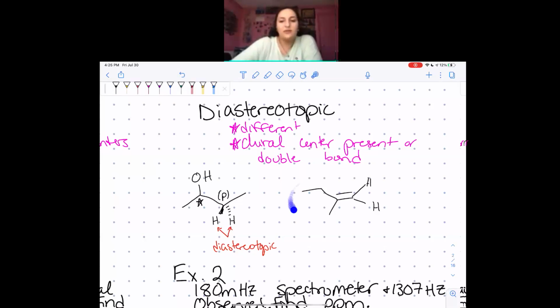Whereas in the double bond, there's a couple things you have to look out for. When you have a double bond, you're going to cut it in half. The left side, or side A as I like to call it, has to have 2 unique groups, and side B has to have 2 hydrogens.